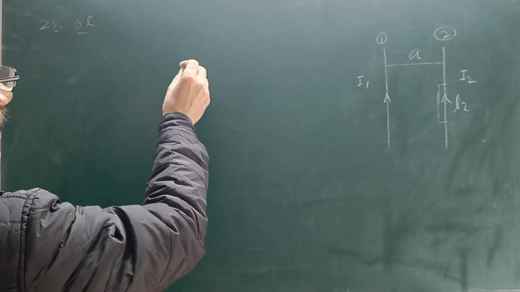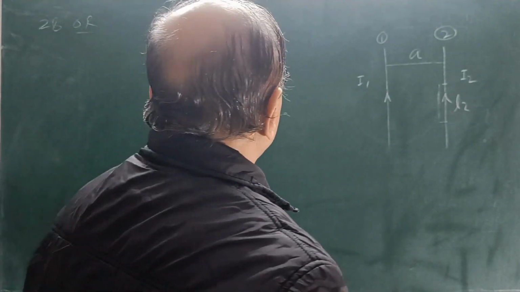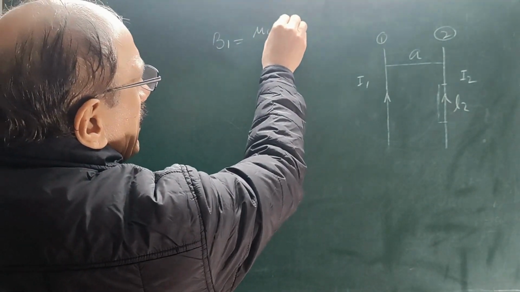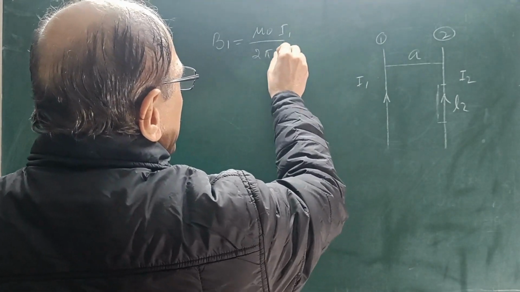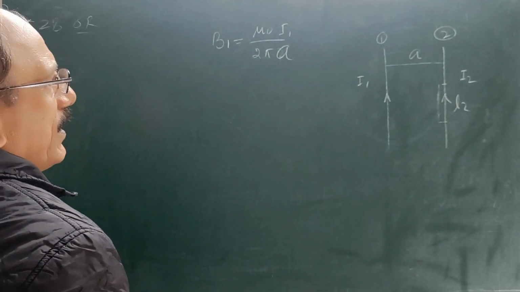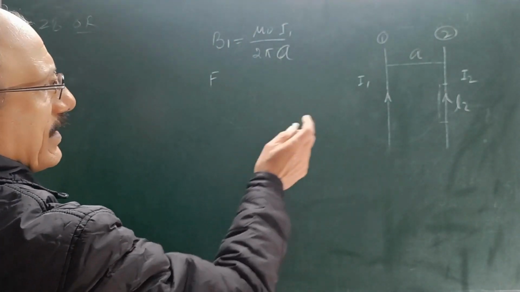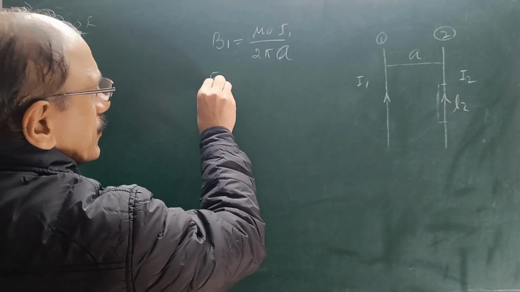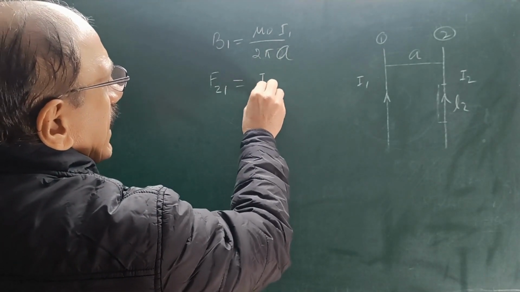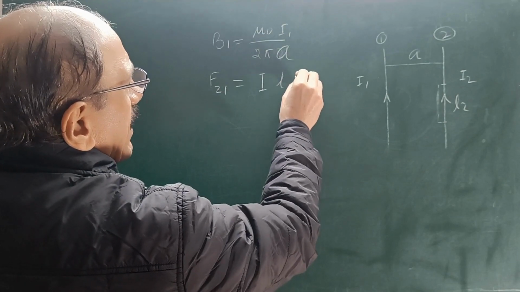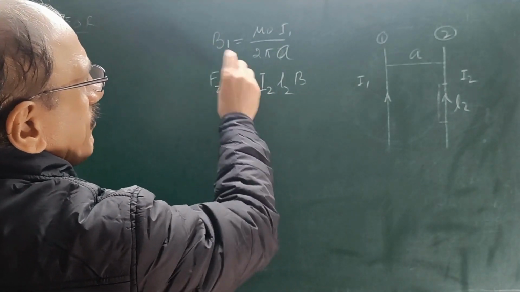So first of all, we'll try to find out the magnetic induction B1 due to the first conductor at the location of the L2, that is mu naught I1 upon 2 pi A. Here it is distance A. Now the force on the second conductor, that on L2 length, force on second conductor due to the first conductor will be equals to I L B. So I is here I2, length is L2, and B is here B1.